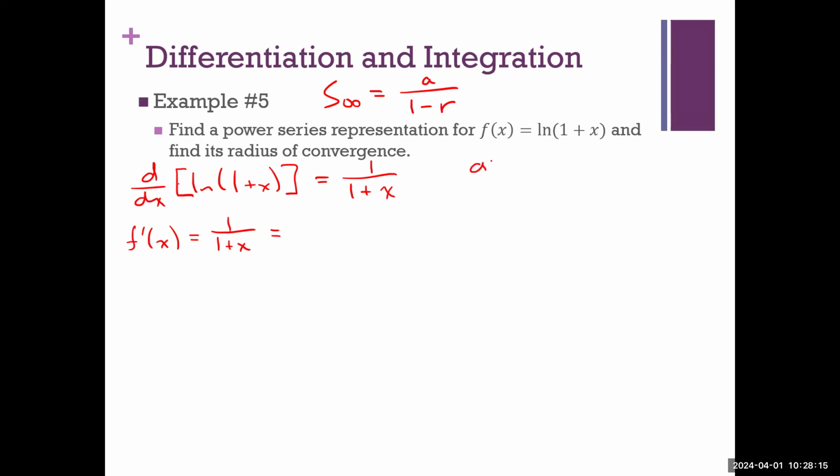Maybe we should write down what the first term and the common ratio are. What is the first term? What's the common ratio? Negative x. Because of that, let's write out a few terms. First term 1, next term minus x, and then plus x squared minus x cubed plus x to the fourth.